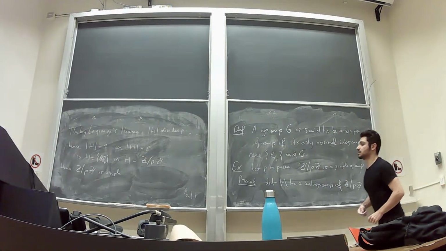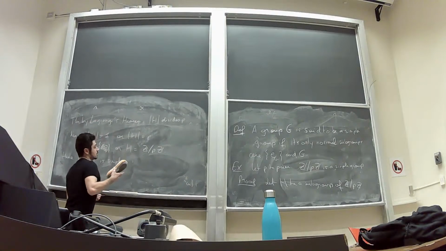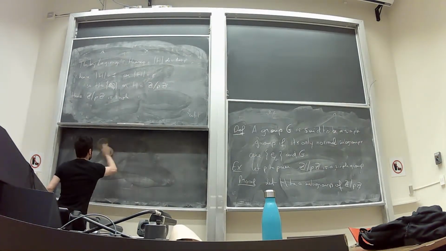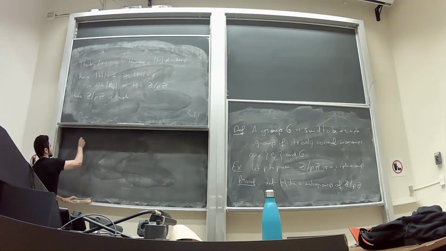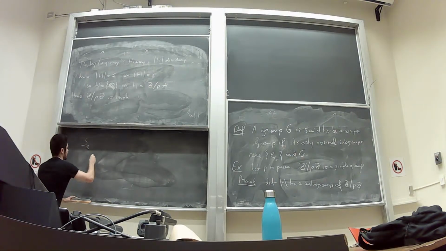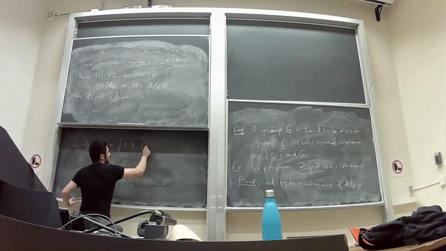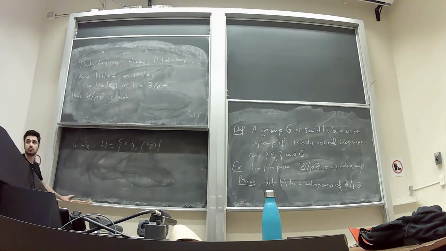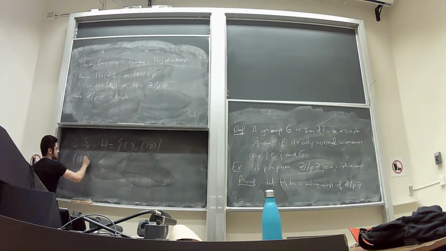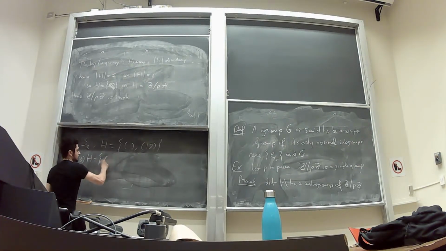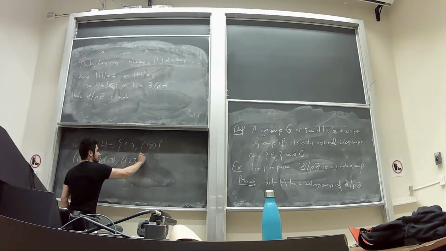It's not true. We gave an example last time. In S3, for example, take G equal to S3, and H be the subgroup of the identity and the permutation (1 2). Look at (1 3) times H. (1 3) times H is (1 3) times (1 2), so 1 goes to 2, and so on.